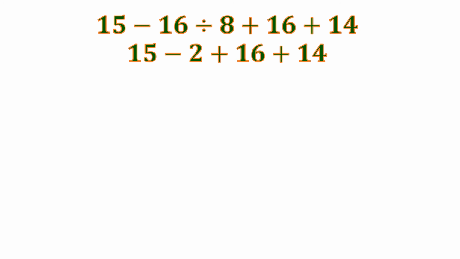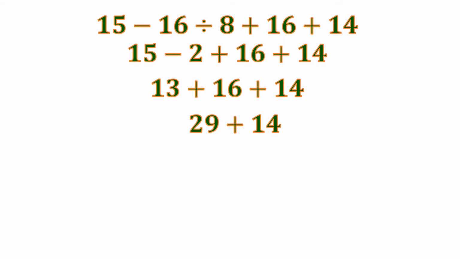Obviously you have to do minus first because that comes first from the left. So 15 minus 2 is 13, and then we have plus and plus left. Just do it from left to right. 13 plus 16 is 29. 29 plus 14 is 43.